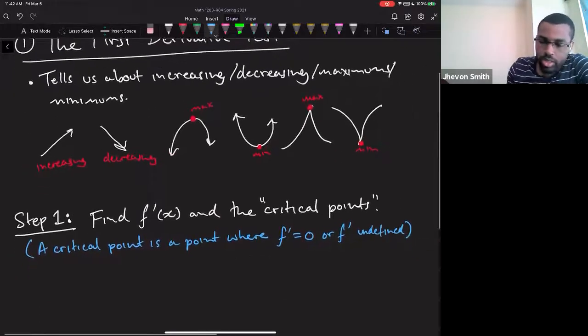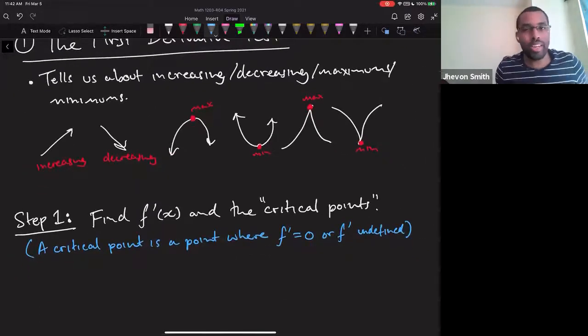So you're going to find the derivative, then you're going to figure out where the derivative is 0, where it is undefined. We call these guys critical points. Okay, so that's step one.